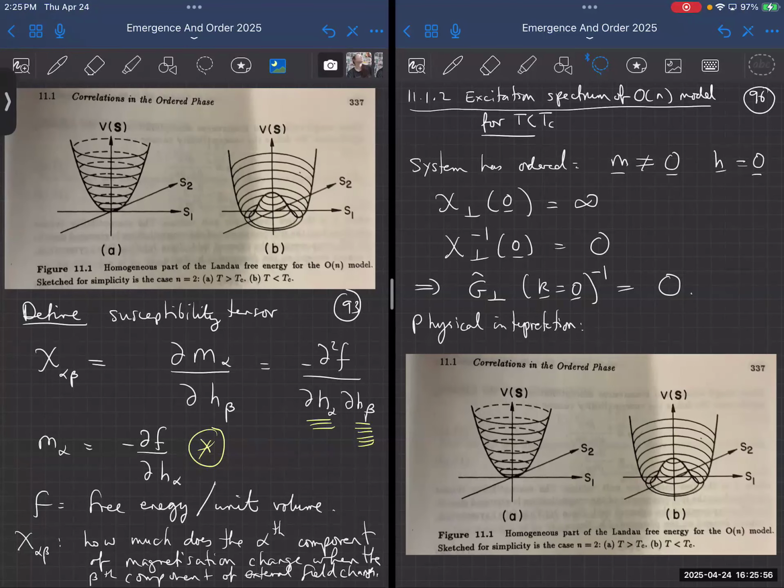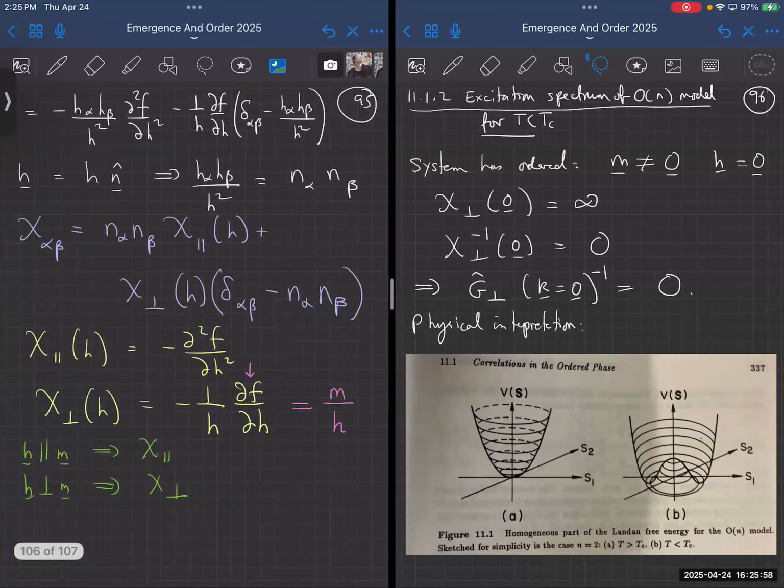All right, so what does this mean? The susceptibility in the transverse direction is equal to infinity.